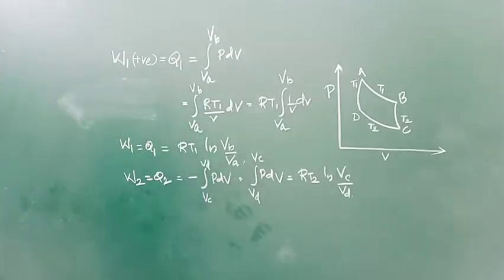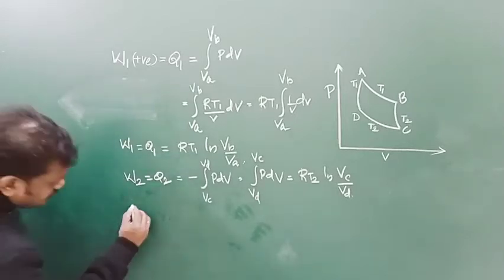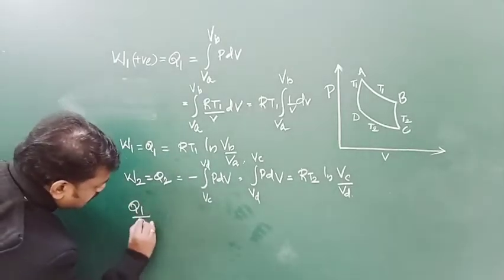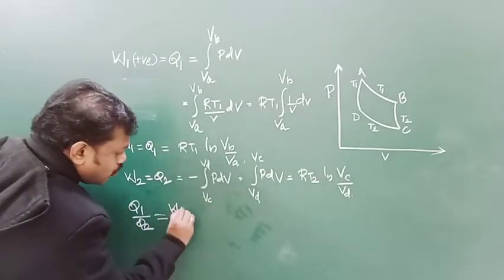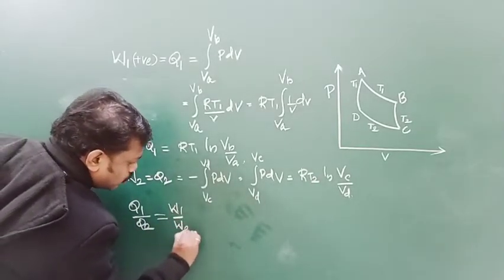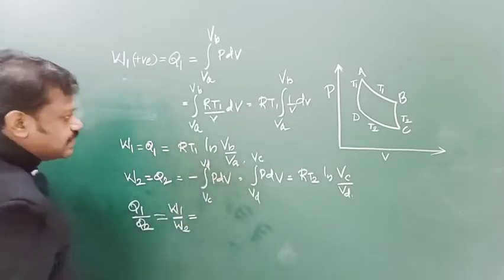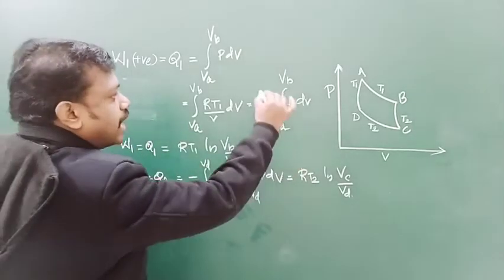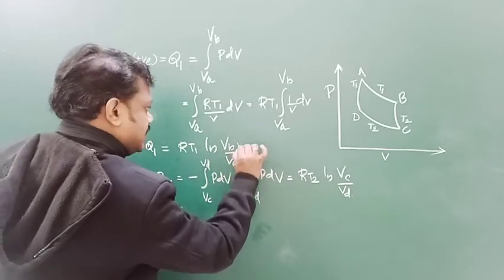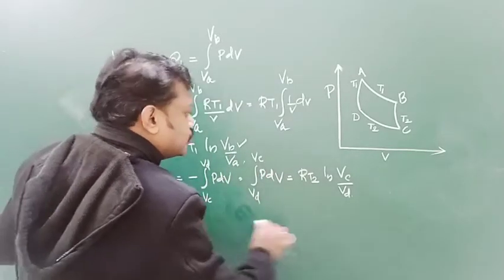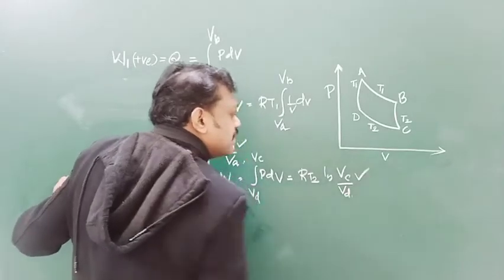When you are taking the ratio Q1 divided by Q2, it will become W1 divided by W2. W1 is RT1 log VB by VA, and W2 is equal to RT2 log VC by VD.